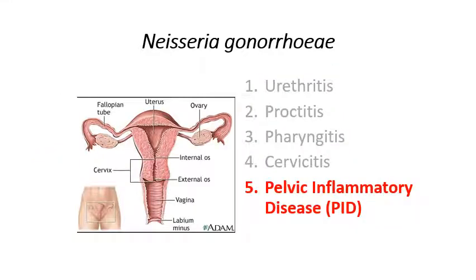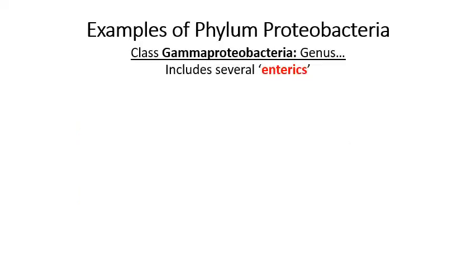So here we have pelvic inflammatory disease. It's basically where the entire female reproductive system becomes inflamed due to an infection of Neisseria gonorrhea. That's pelvic inflammatory disease.